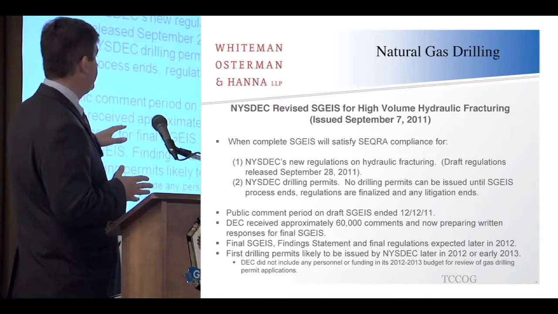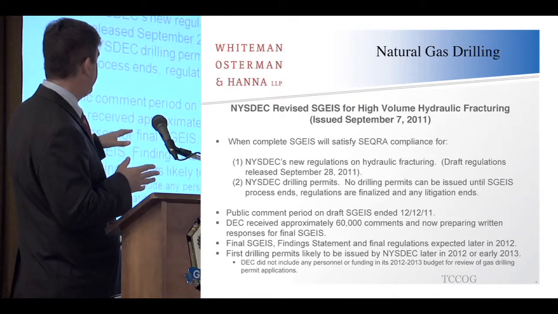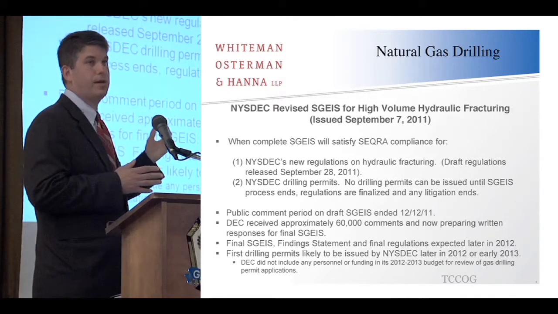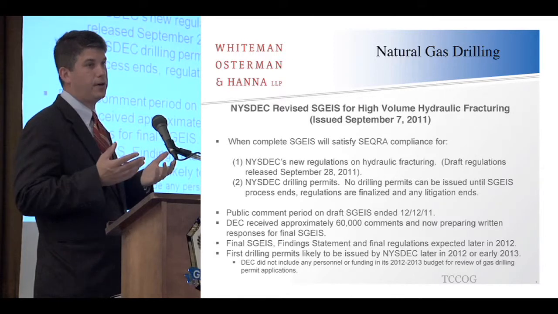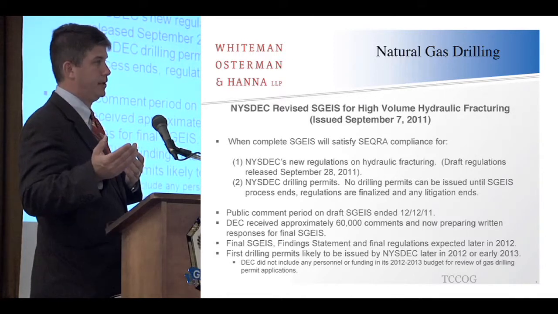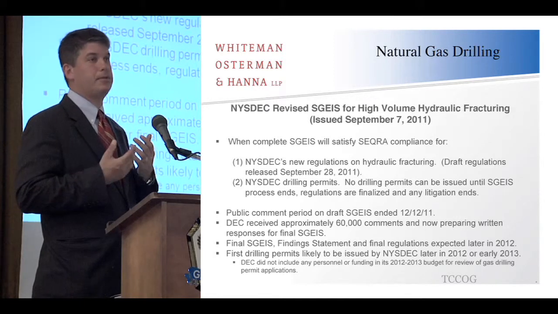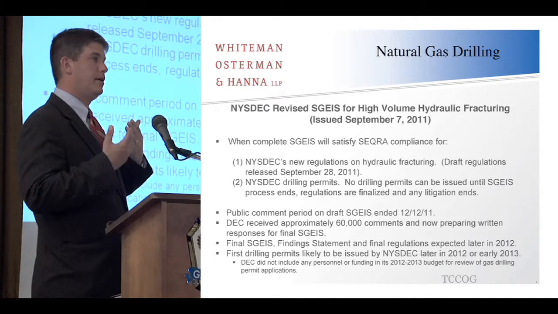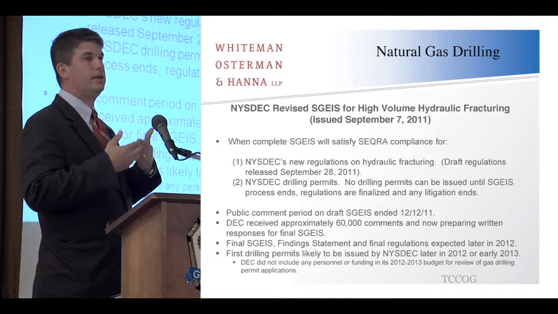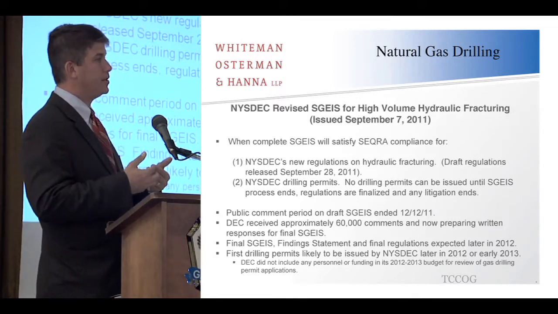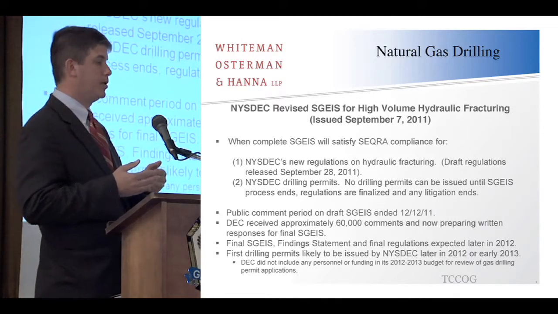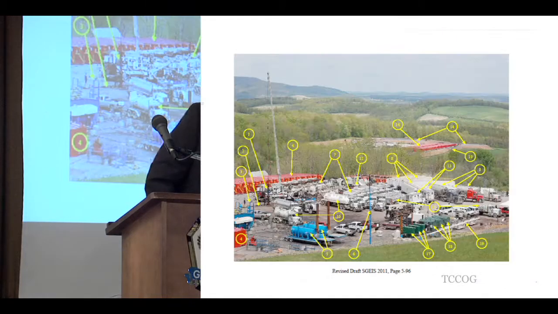So when they're finished, they'll receive the applications. This also doesn't take into account the likelihood of litigation that could further delay that. What that does, in our opinion, is give municipalities an opportunity right now to be proactive. What do we do with the likelihood that this is going to come? How do we act? What are the appropriate steps for us to take?